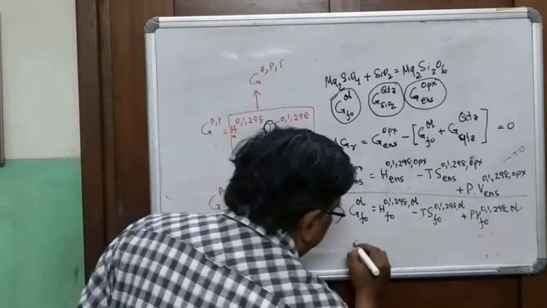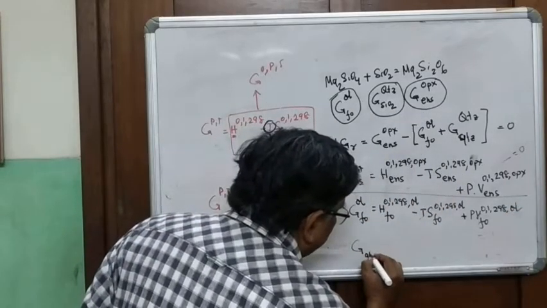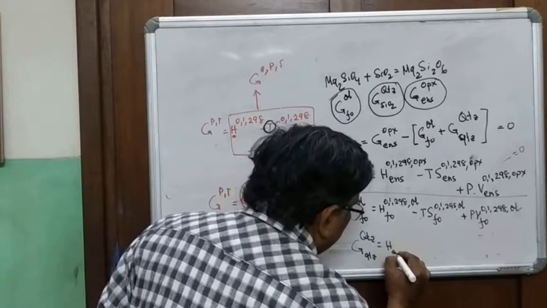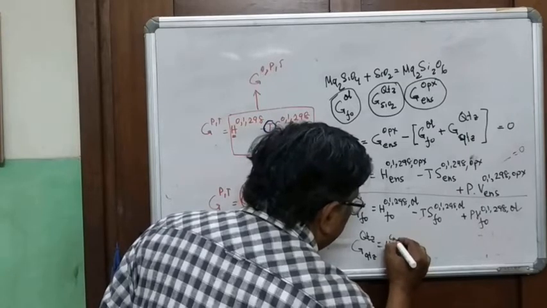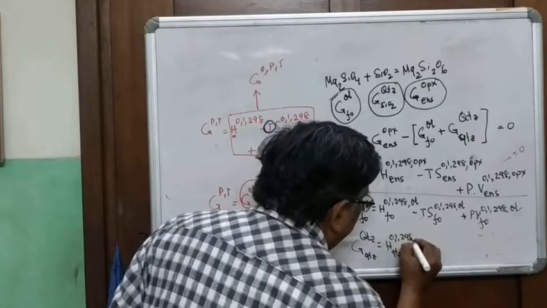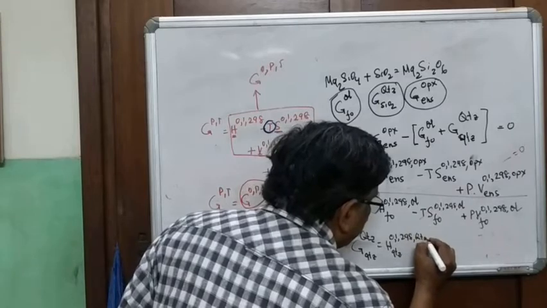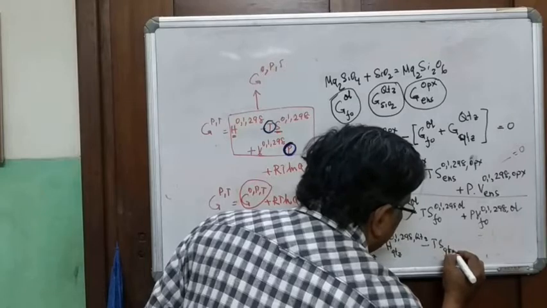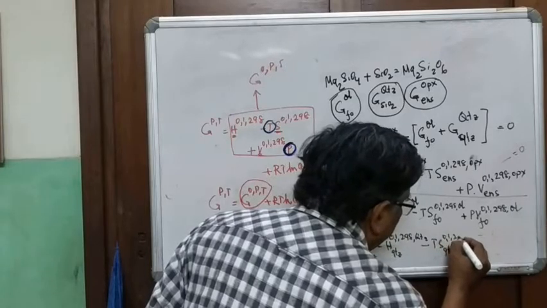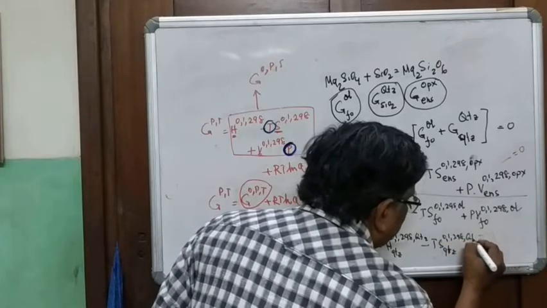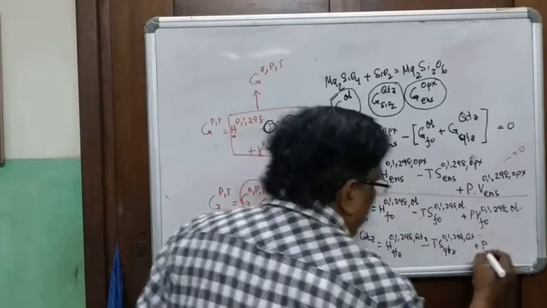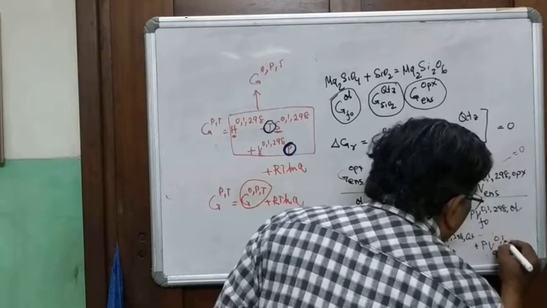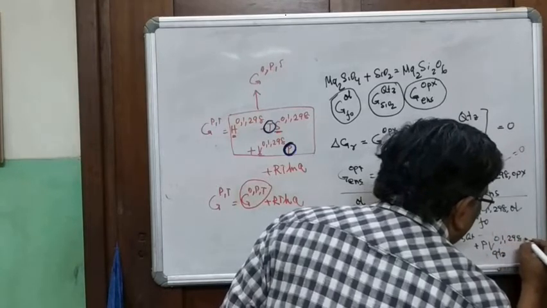And similarly, you will have G quartz in quartz is equal to H quartz 0 1 298 quartz minus TS quartz 0 1 298 quartz plus P into V quartz 0 1 298 quartz.